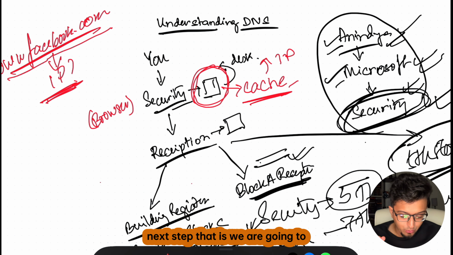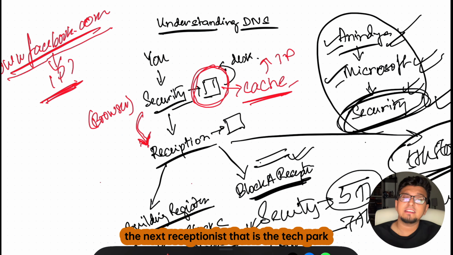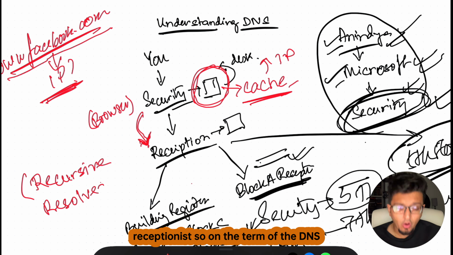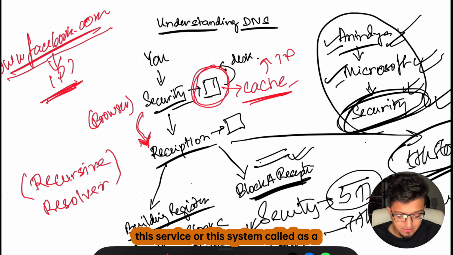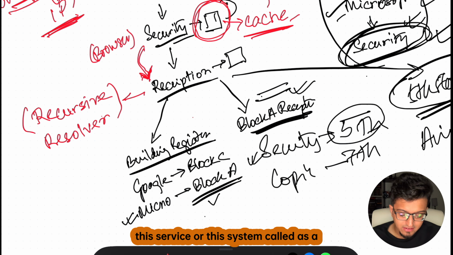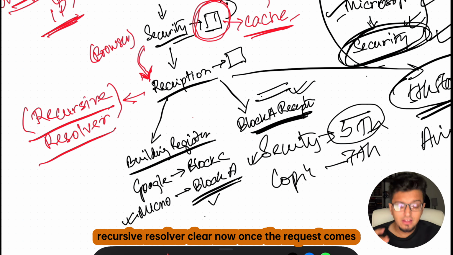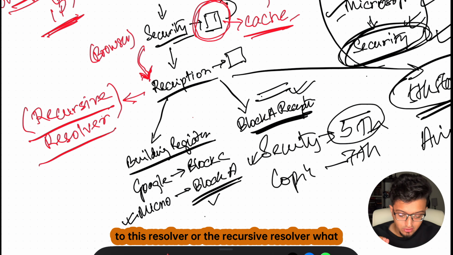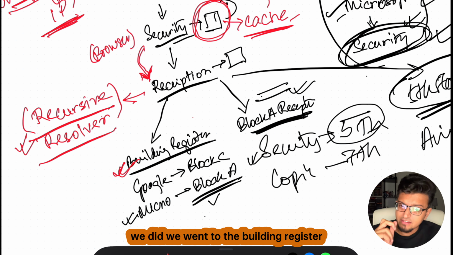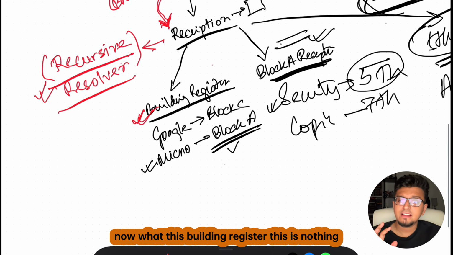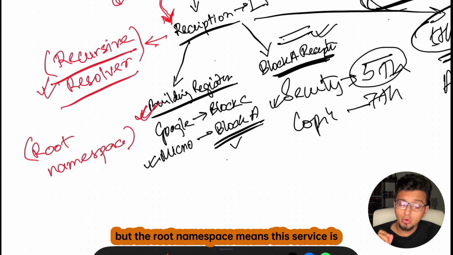That is, we go to the next receptionist, the tech park receptionist. In DNS terms, this service or system is called a recursive resolver. Clear? Once the request comes to the recursive resolver, we went to the building register. This is nothing but the root namespace.